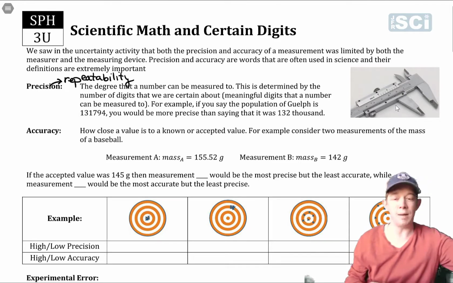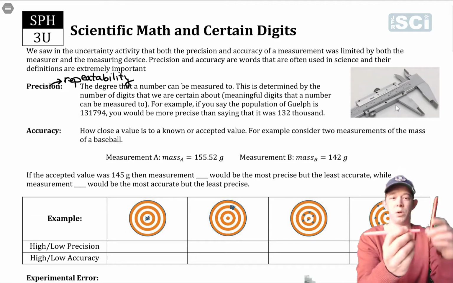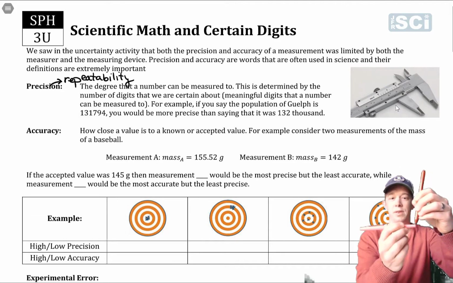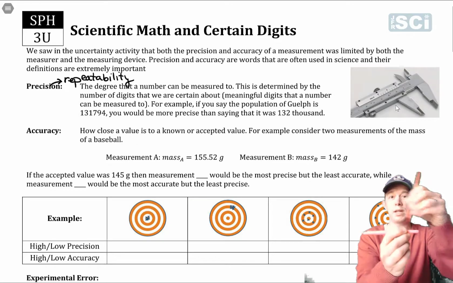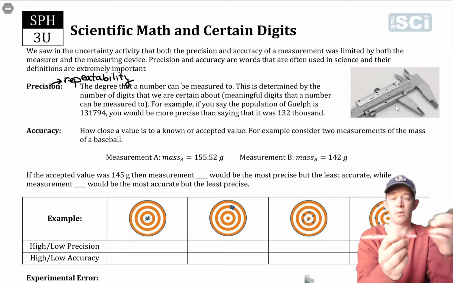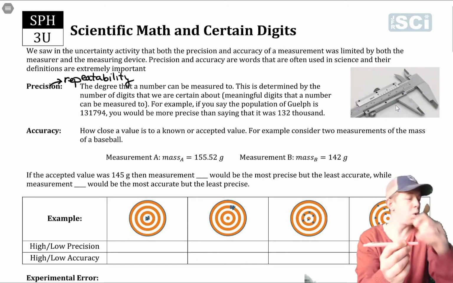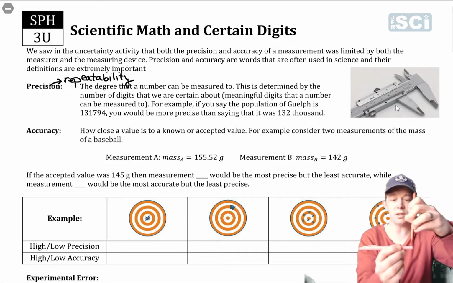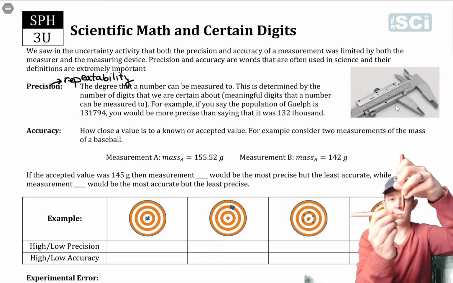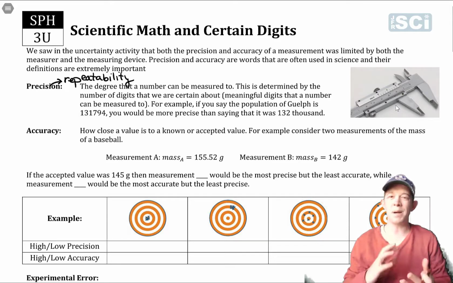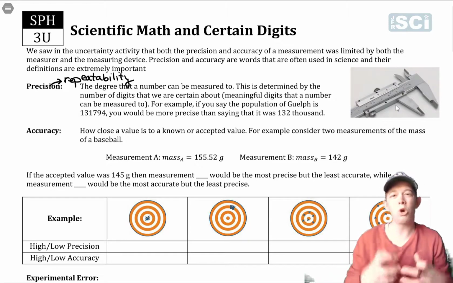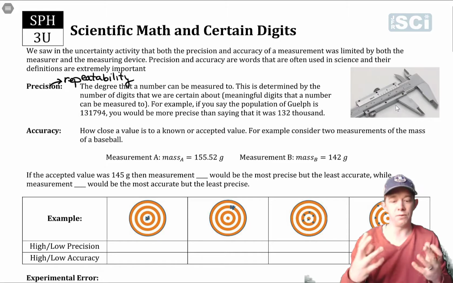If I'm lining up the edge of my ruler with the edge of the object I'm measuring, say right here, then I would probably get the same accuracy every single time. But if I'm going to use my ruler and the zero starts right here, that means that I'm always going to be off by the same amount, right?